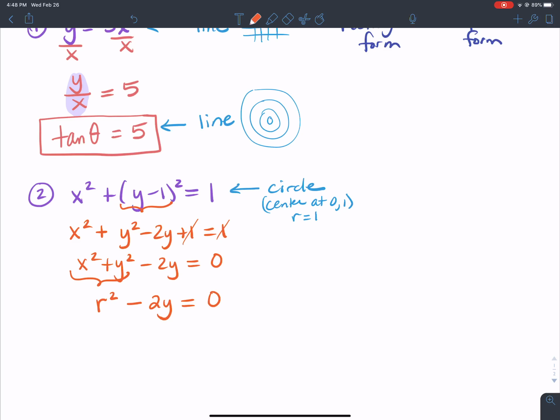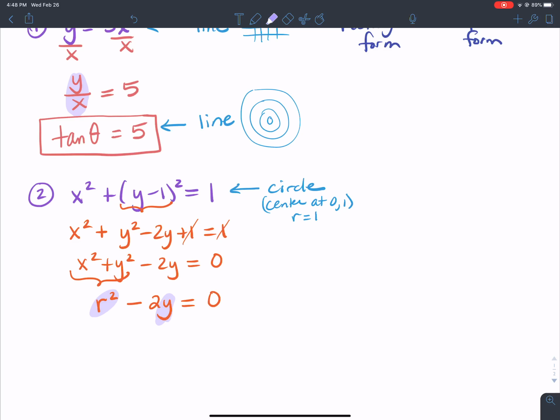But the problem is if you stop here, you've got your equation trying to live in two different worlds. You've got an r squared, which is polar, and you've got this y, which is rectangular. So it's like your equation's having an identity crisis. It doesn't know if it should be graphed on circle graph paper or on rectangle graph paper.